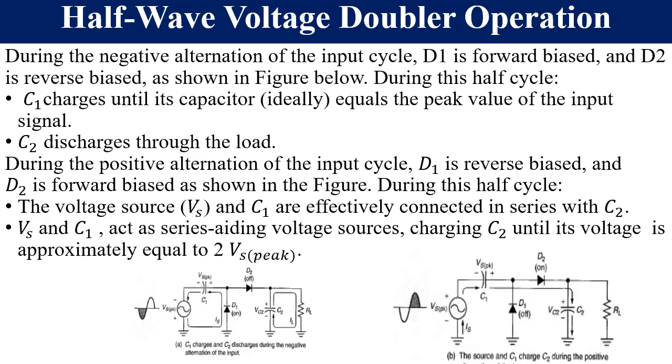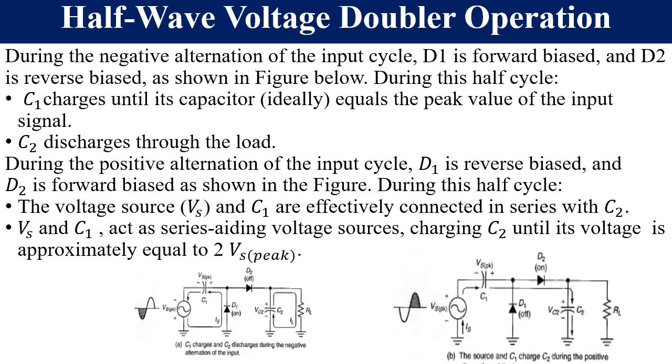When we are analyzing a half-wave voltage doubler, please take note that we start with the negative input voltage, and I want you to find out why we don't start with the positive input voltage. So it is important to take note of that. Let's do the analysis here.